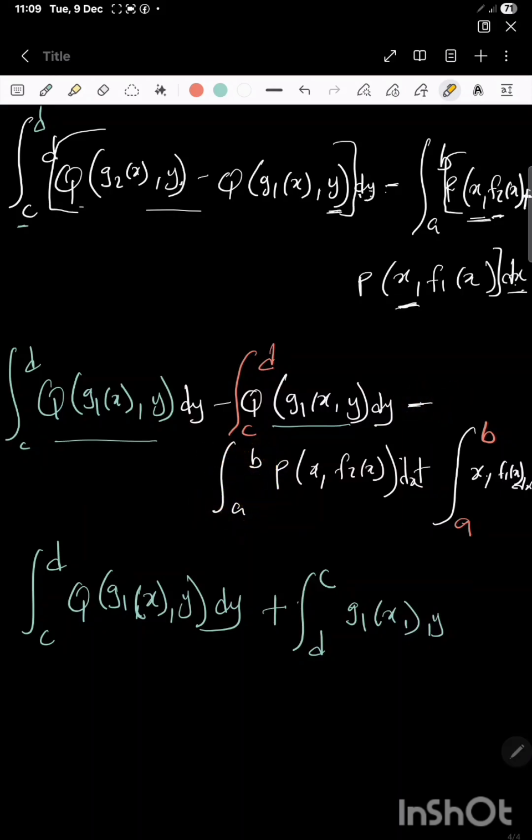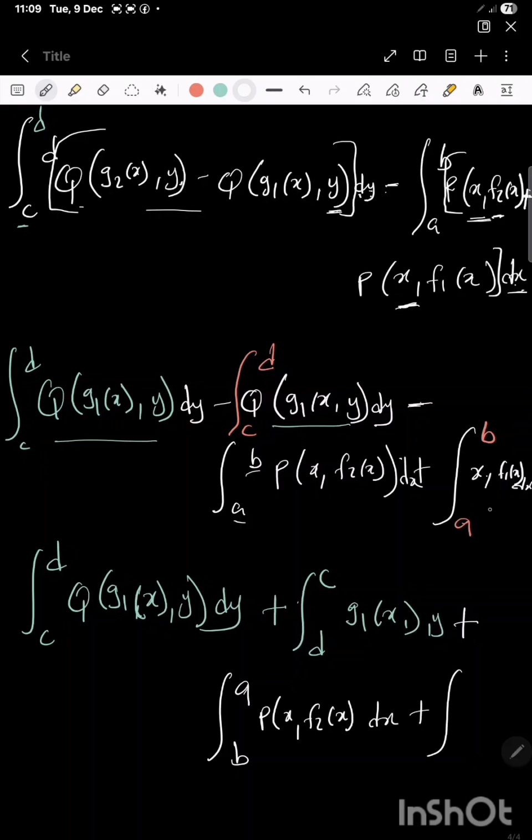So now we are integrating from B to A instead of A to B, of the function p of x, comma f2 of x dx, plus the integral from A to B, which is already a positive so it remains the way it is, of p of x, comma f1 of x dx.